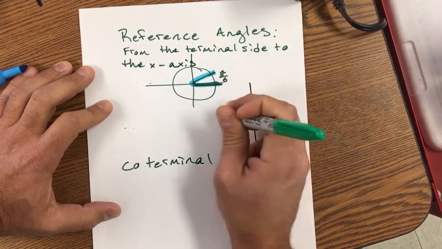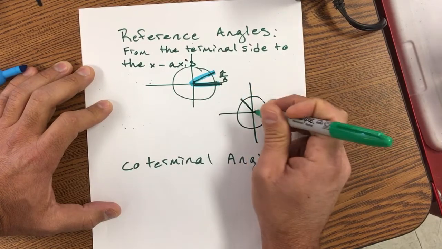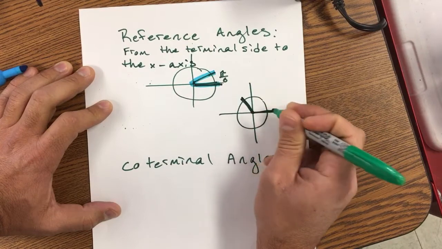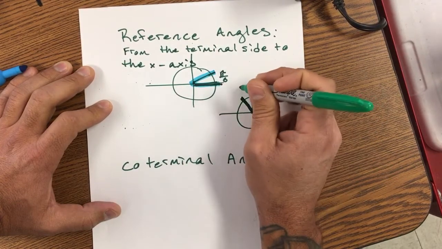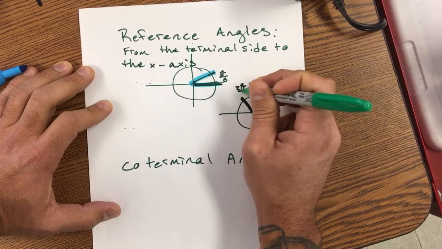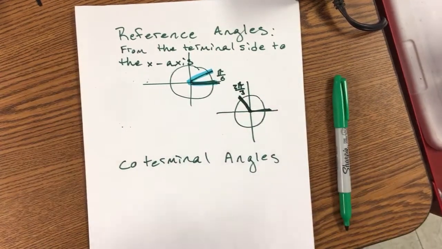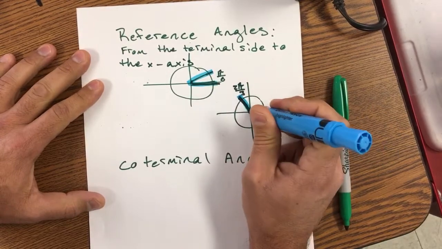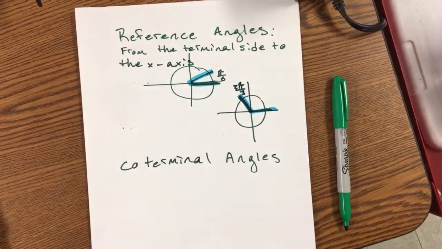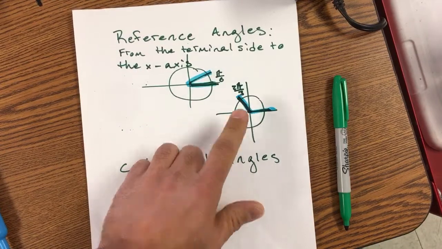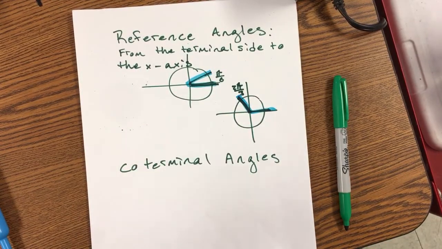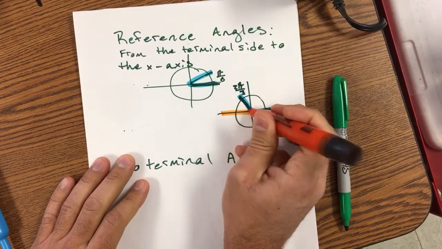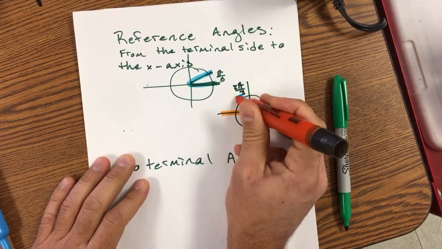But if I'm in quadrant 2, so this angle is 2 pi over 3. The closest x-axis is right here. So what I'm looking for is this angle for the reference angle, okay?